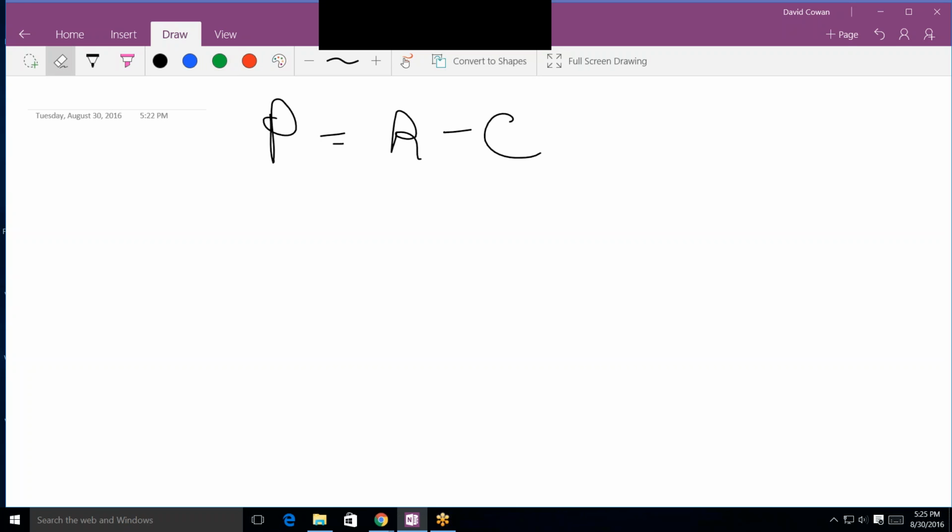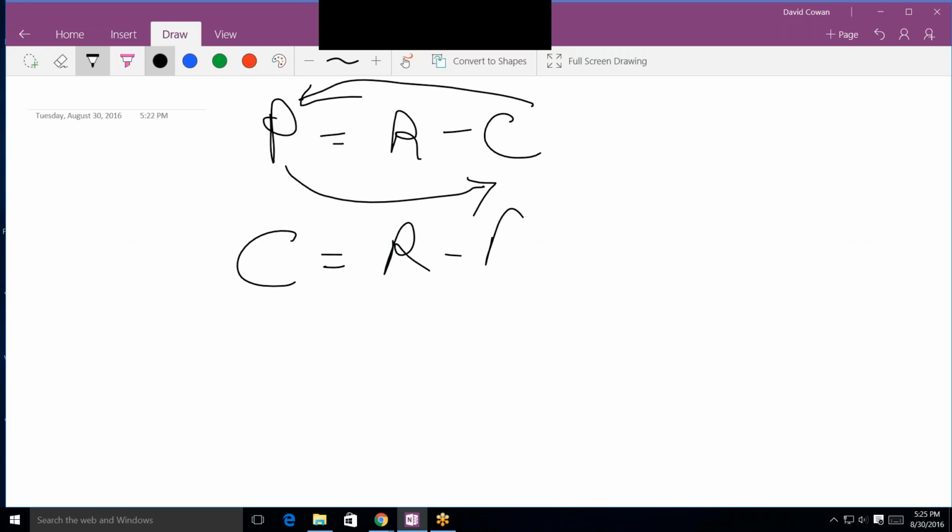In other words, I'm going to take the C and move it to that side there, and I'm going to take the P and move it to that side there, and that gives me a positive C equals R minus P immediately. So I have two more.